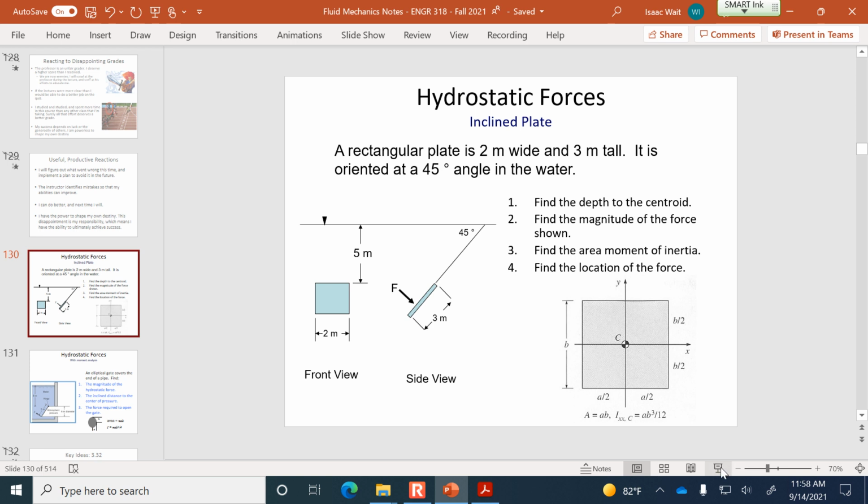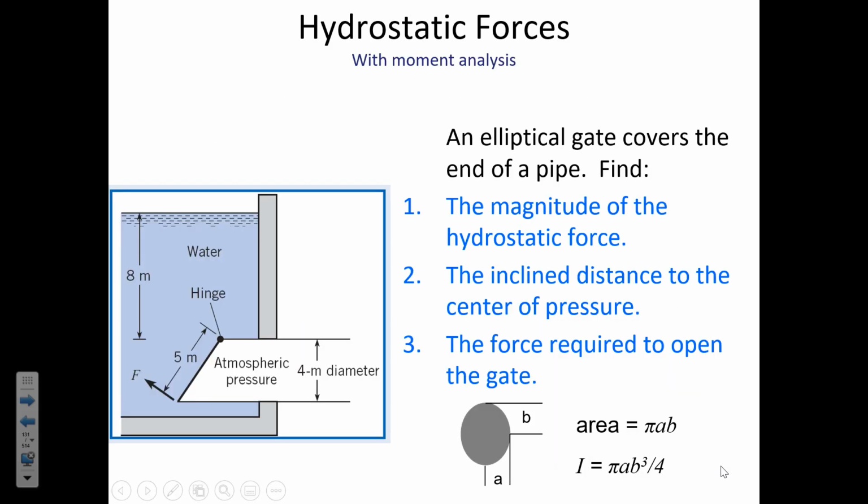All right, for just the one last example we're going to go through today, let's have, again, a plate that's at an angle. And this is covering the opening of a pipe. Basically, we have a tank of water and an outlet pipe that is covered with an elliptical gate.